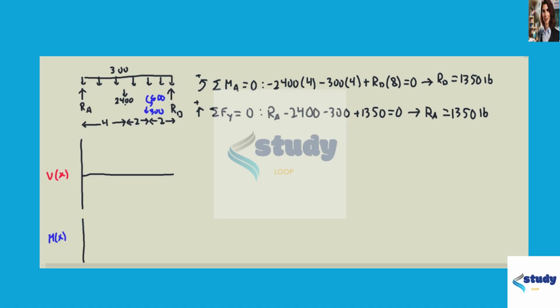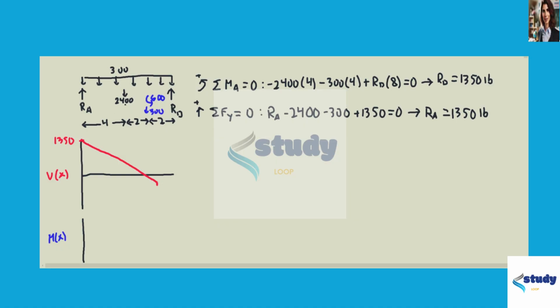Okay, now we can use our reactions and our applied load to draw our shear diagram. So we're going to start at 1,350, the reaction at A, and it will have a negative linear slope until we reach our applied load.